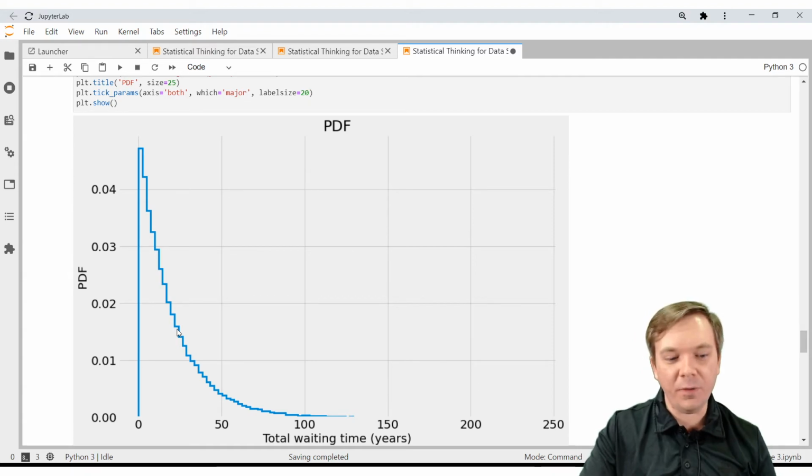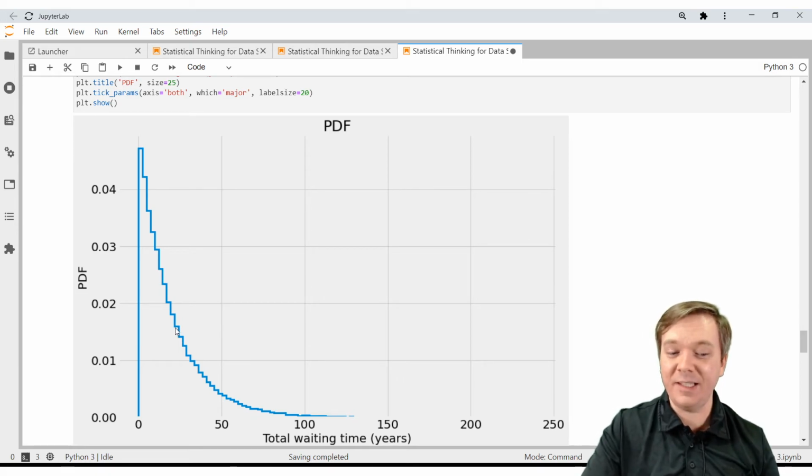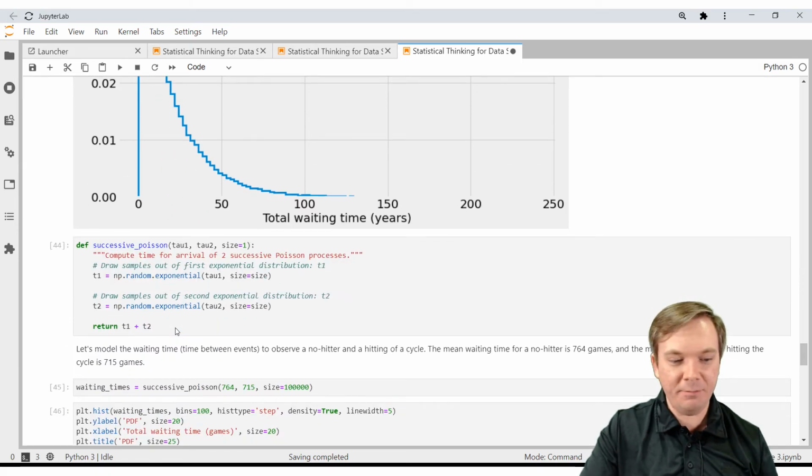Now, what we can do though is say that anything to the left of this, okay? So the probability that we'll have to wait 25 years or less, you can actually sum up this area, so it will be all of these points summed, basically the area under the curve, which might end up being something like 10% or so. We can actually measure that.